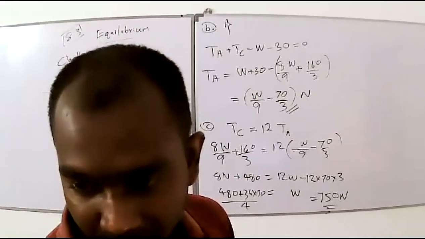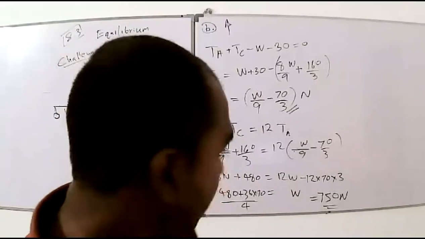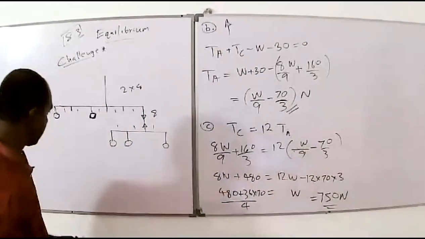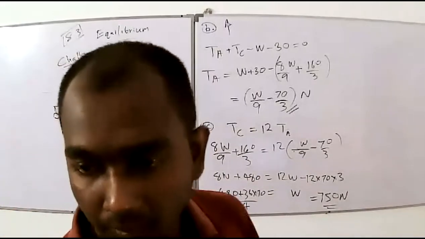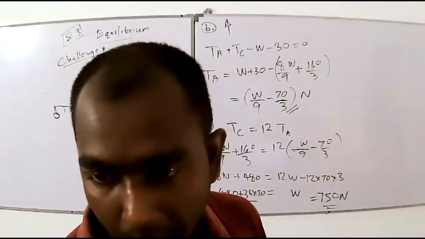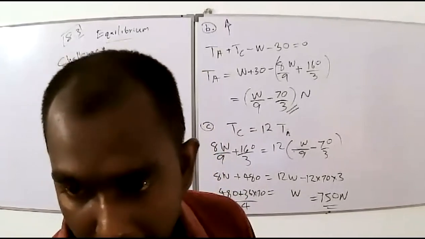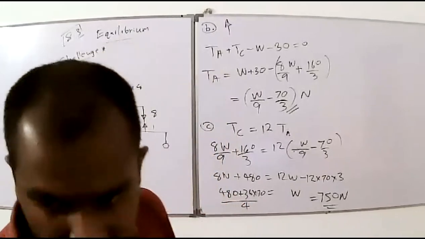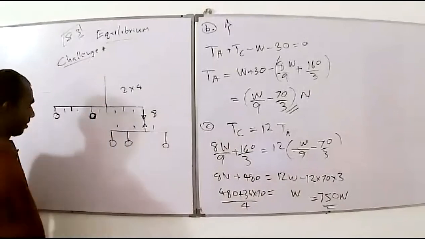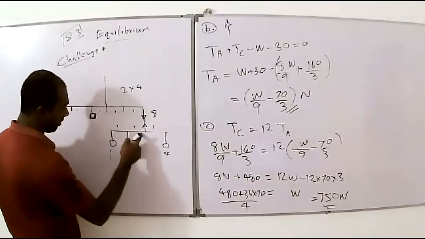Who got the answer? 1, 2, 4 on the right. 1, 2, 4. 2 into 1, 2; 1 into 2, 2.